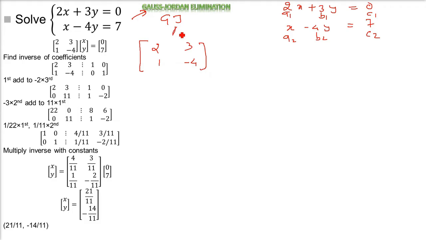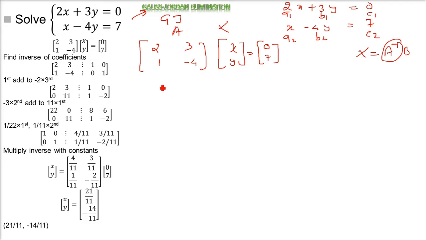This is A. Now AX equals B; that is what you have to do. X is x, y because there are two variables. If the equation were 3 variables long, then you would use x, y, z. Now the constants are c1, c2: 0, 7. I told you X equals A inverse B, so basically we are interested in finding A inverse. This A inverse is going to be computed using the GJ elimination, Gauss-Jordan elimination.